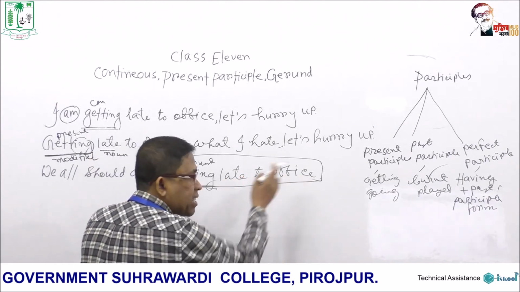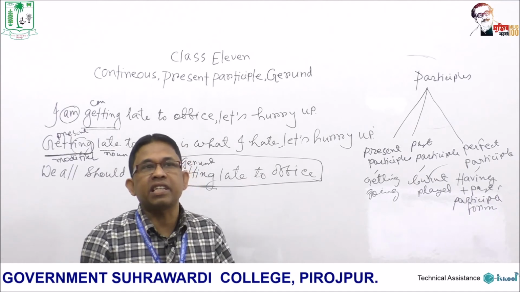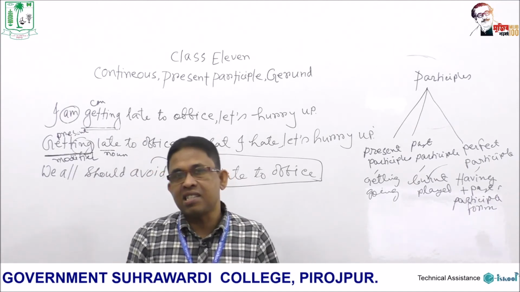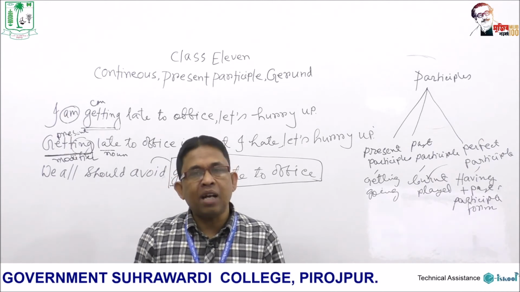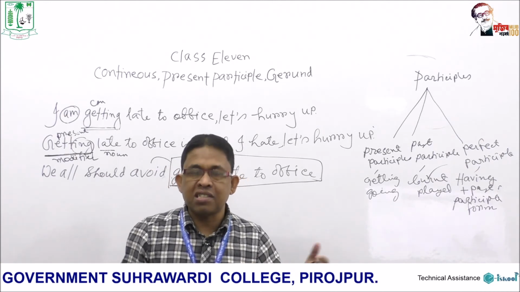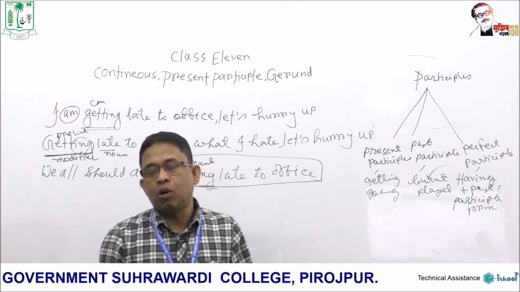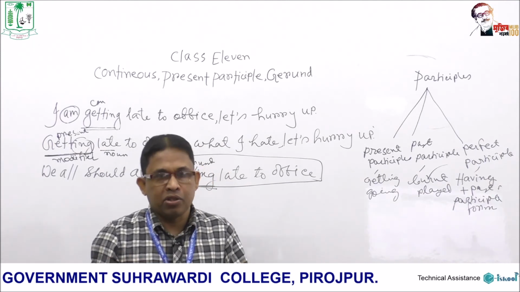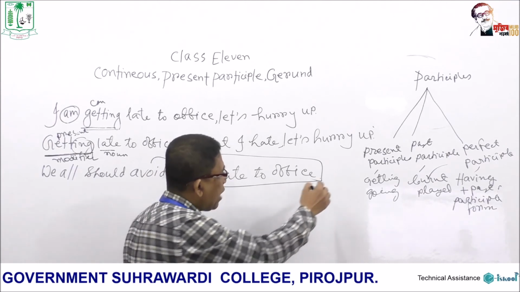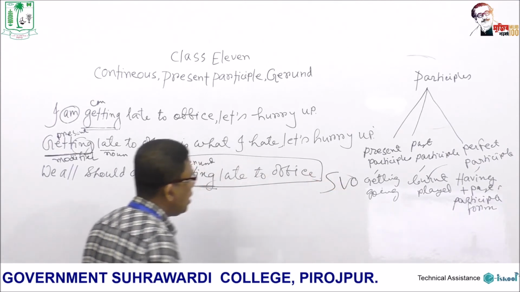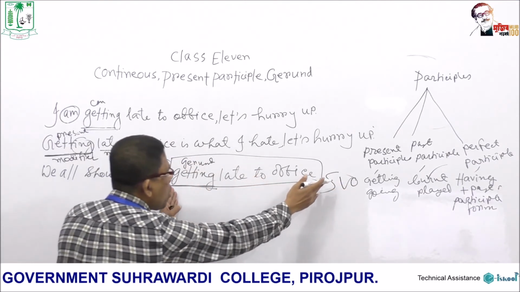Of course, object. You know, English is an SVO language. That is, in English, subject comes first, then comes verb, and then comes object. This is the basic structure of the English language. So English is called an SVO language. So this is the position of object.